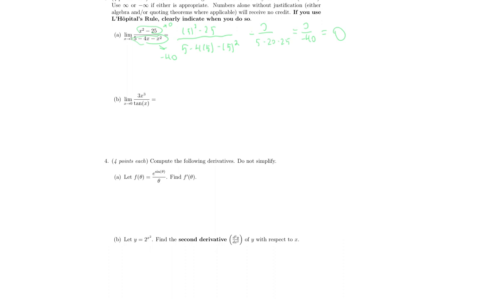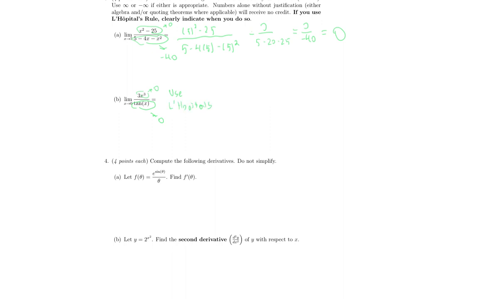Okay. For this one, limit as x approaches 0, well, this thing's going to approach 0. And tangent of x as you approach 0, you can try and put that on your calculator, you should get 0. So we have 0 over 0. What do we do? Well, that's when we use L'Hopital's.